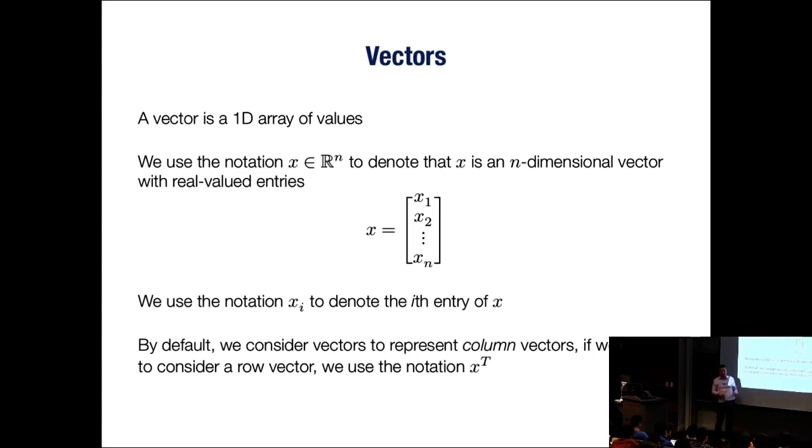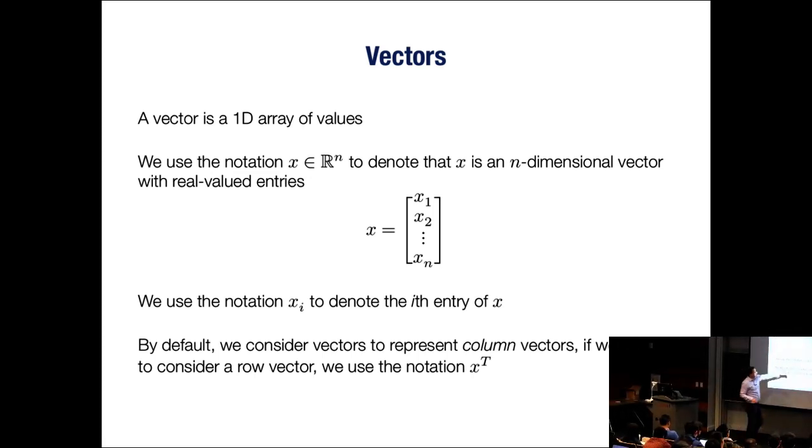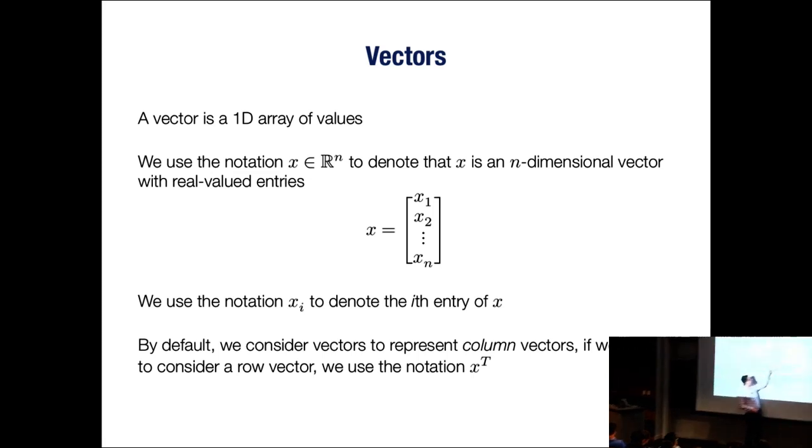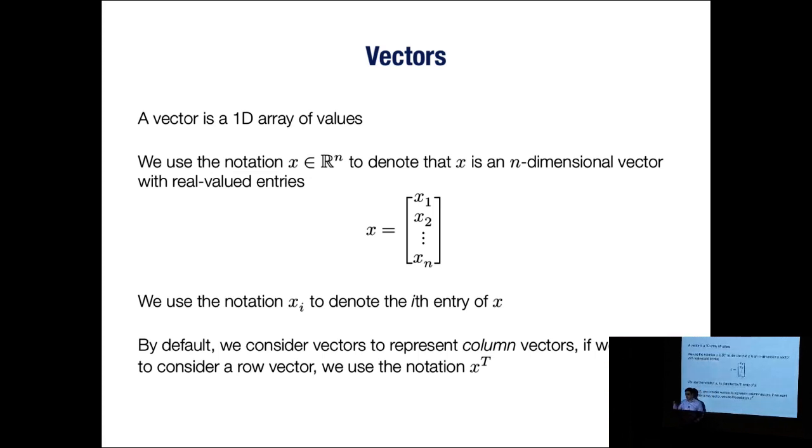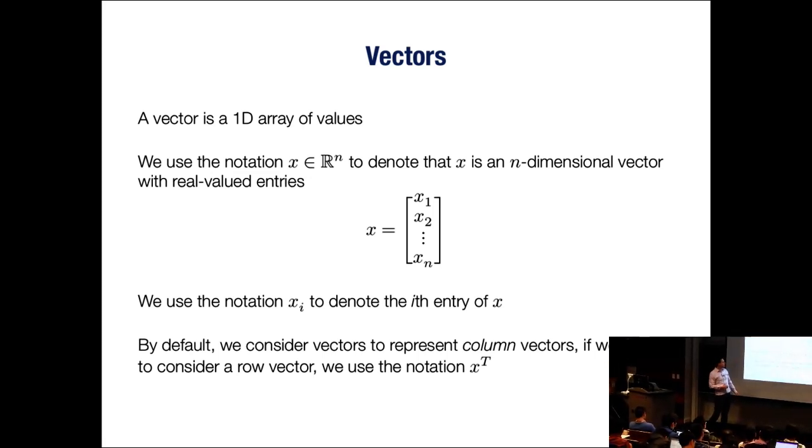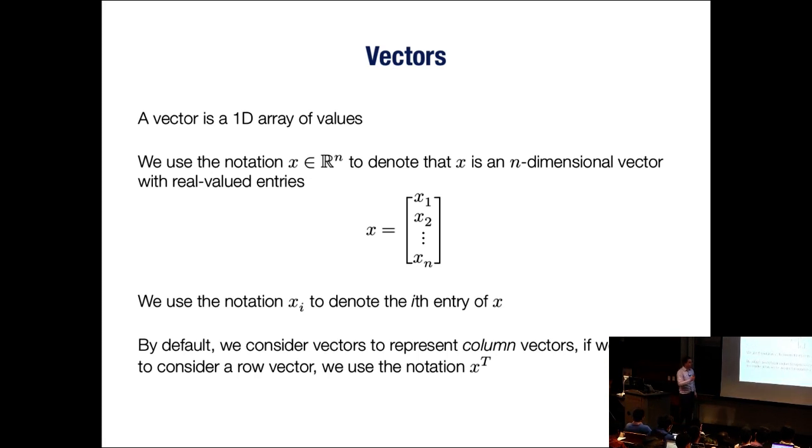That's what that R means. Now, if we want to write it out, we can write x equals the collection of all the elements in x. And x_i, x subscript i, will refer to the ith element, the ith entry, of the vector x.